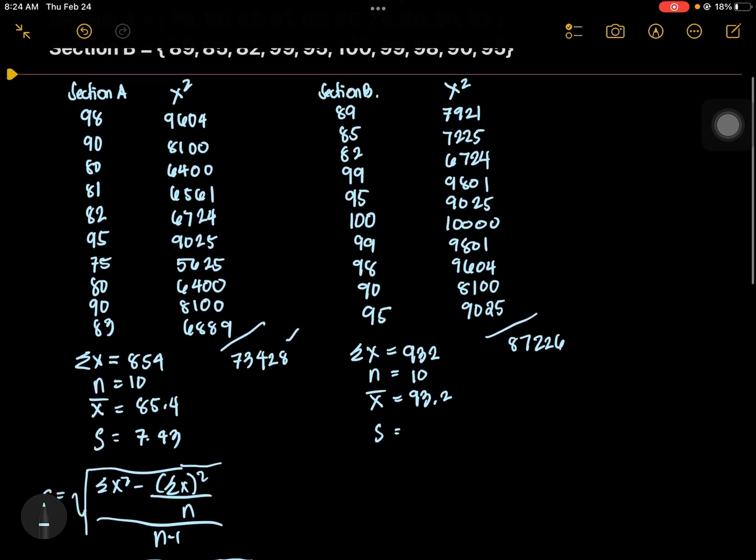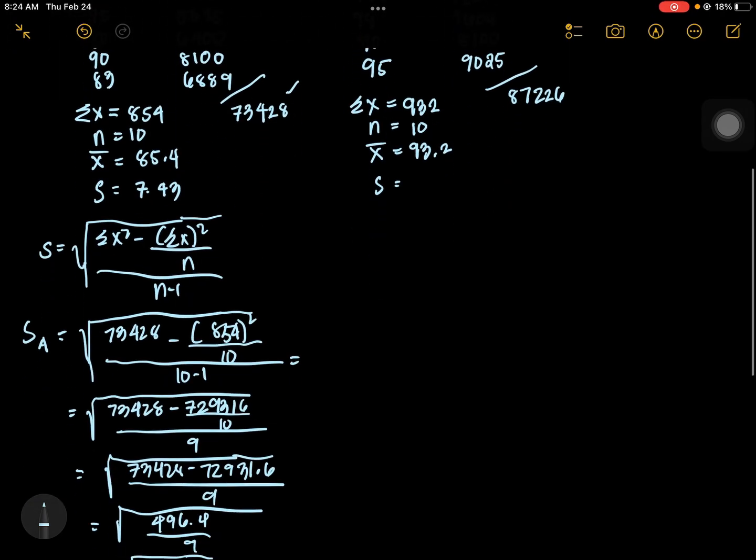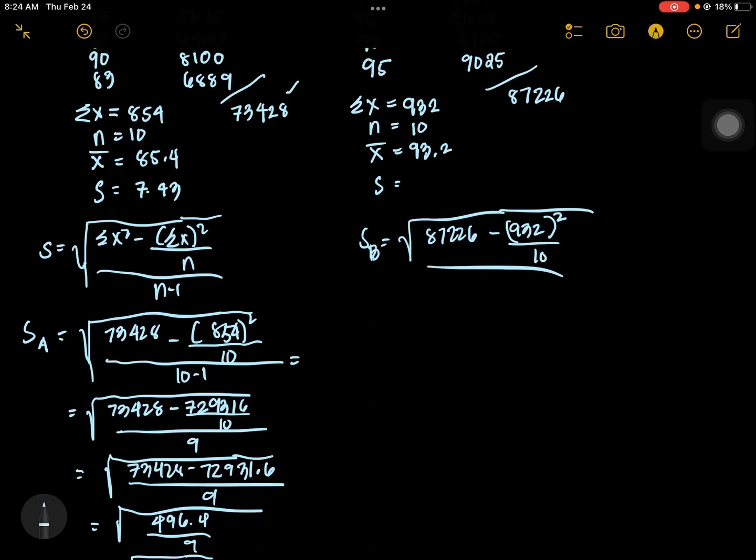For section B, let's find the standard deviation using the same formula. So you have 87226 minus 932 squared over 10 minus 1. So let me show you how to encode this in your calculator.